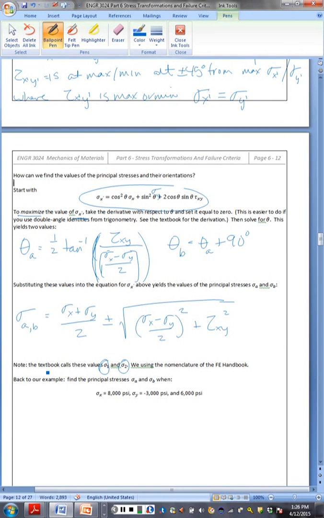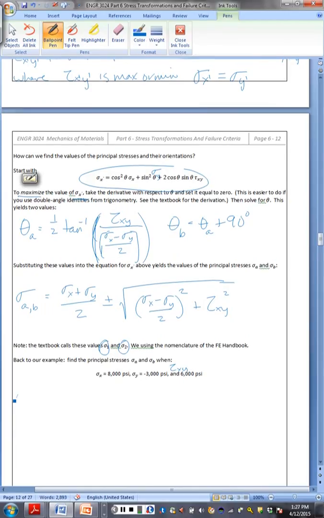And applying these equations to the example that we started with, where we had sigma x of 8,000, normal stress in the y, a compressive 3,000, and our shear stress of positive 6,000, sigma A and B are 8,000 minus 3,000 over 2, that's the mean, then plus or minus the square root of this quantity where we subtract and take half that quantity squared, plus the shear stress of 6,000 squared.